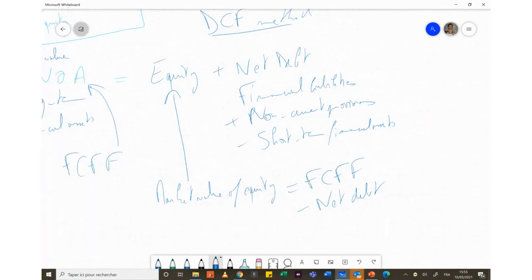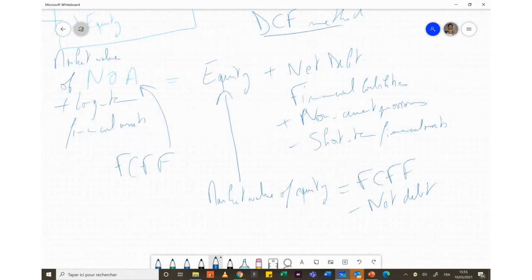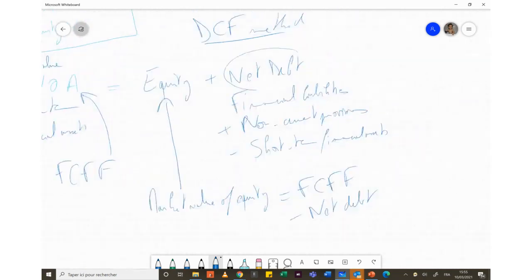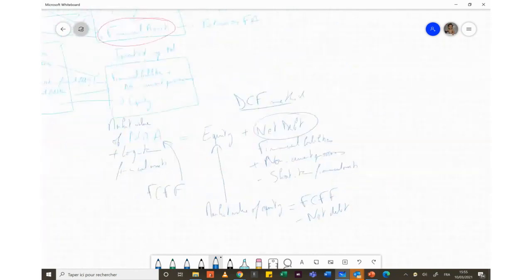We have the free cash flow to firm, it's the market value of net operating assets. For the net debt, we consider we don't have a big difference between the accounting value and the market value, so we keep the net debt, and by difference, we have the market value of equity. So in this case, we use more this kind of presentation.